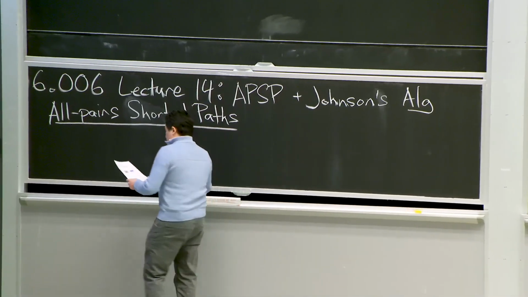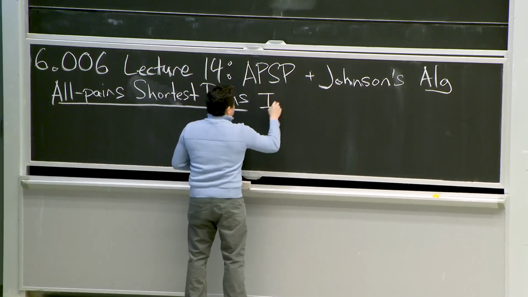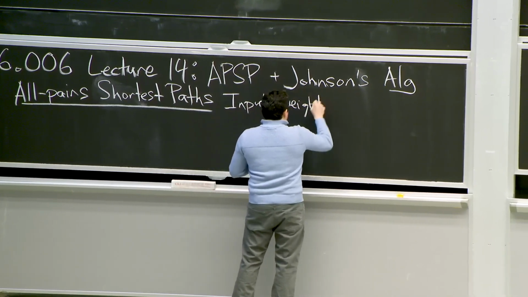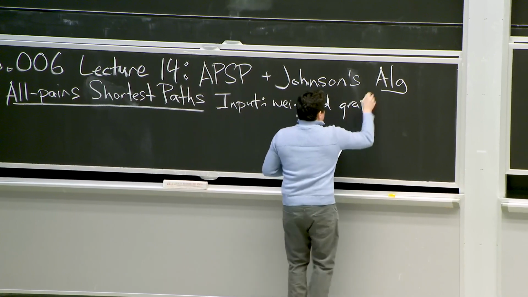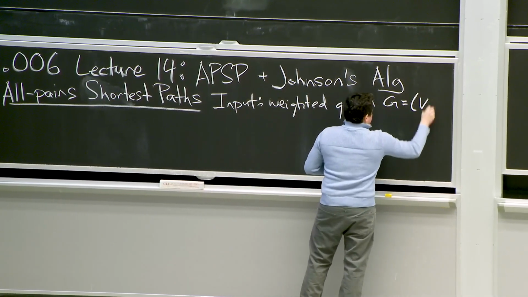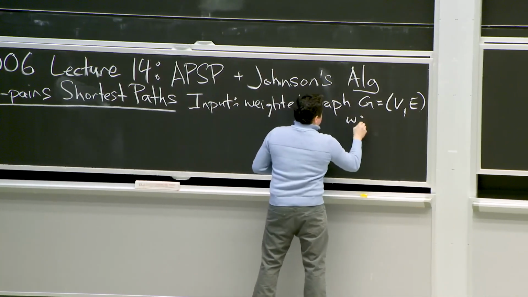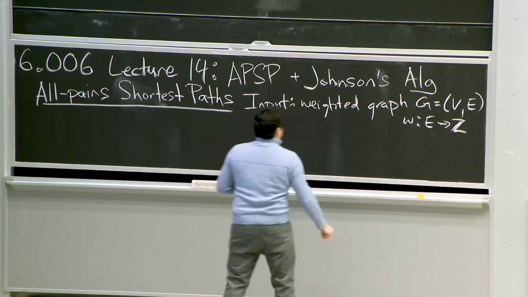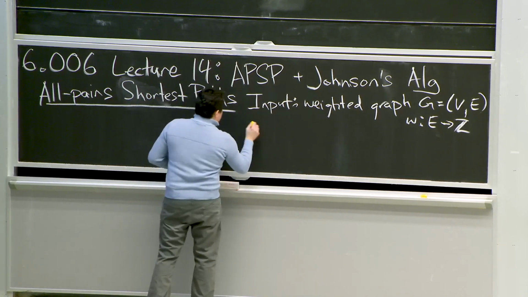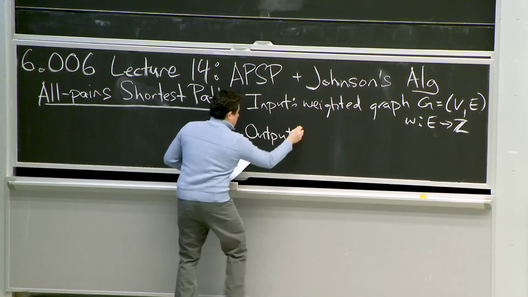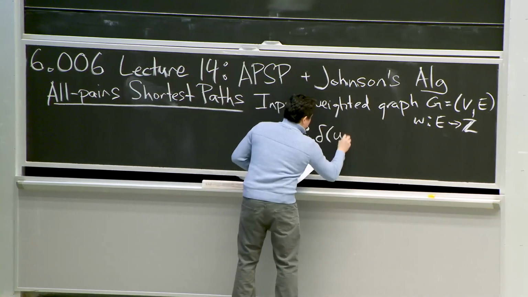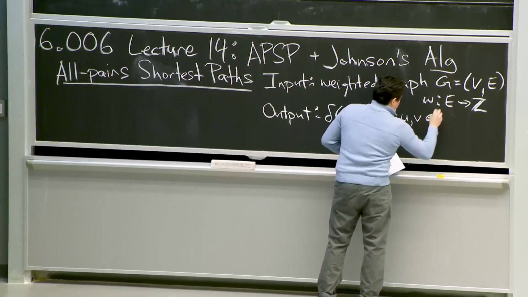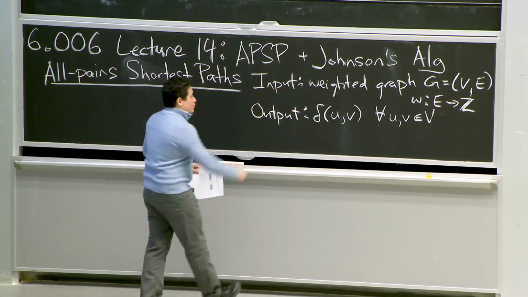Instead of having a single source, given an input, our weighted graph, where we've got a graph G = (V, E), and a weight function from the edges to the integers, this is our general weighted graph, we want our output to be the shortest path distance delta(u, v) from u to v for every u and v in our vertex set. That's what we want to return.